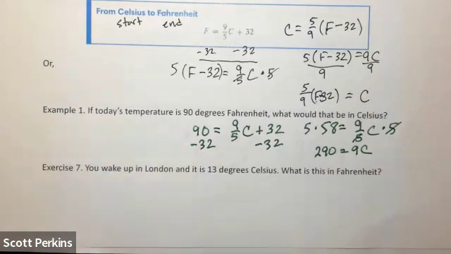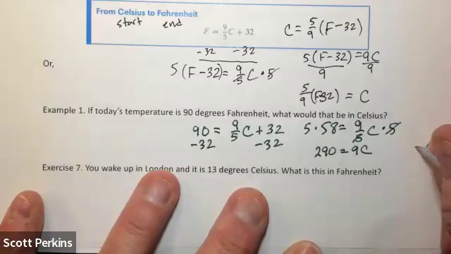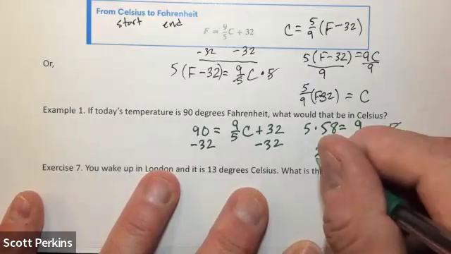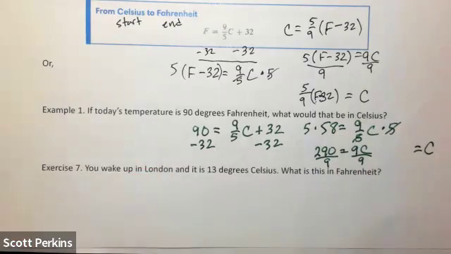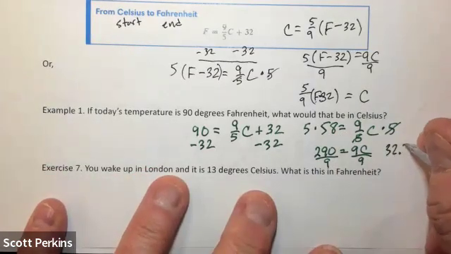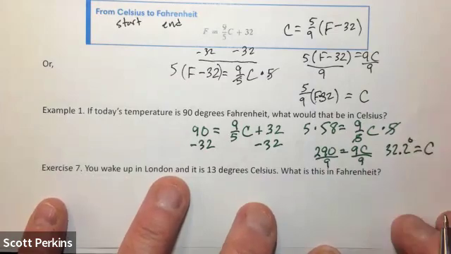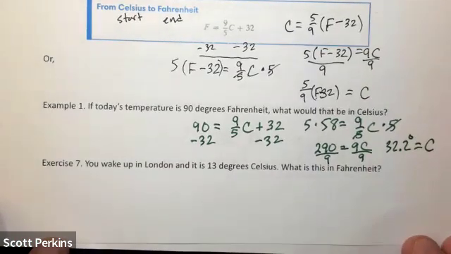And then I'm dividing both sides by 9. The Celsius temperature is approximately 32.2 degrees, and the degree symbol is that little bubble.